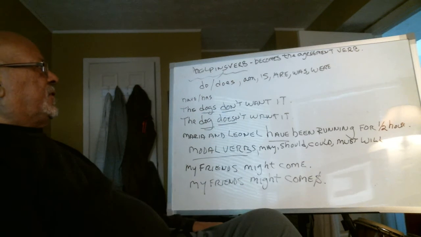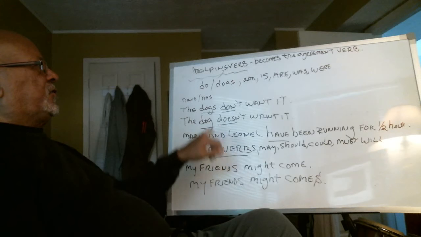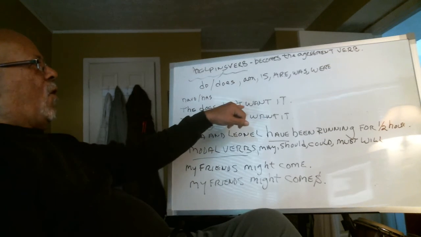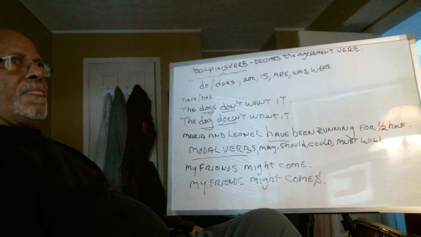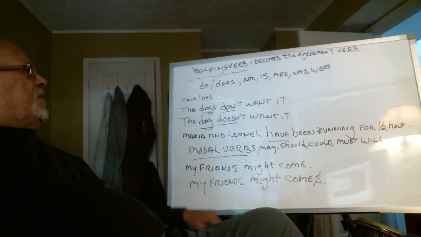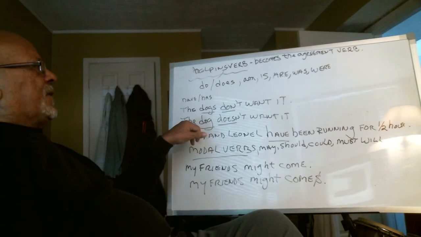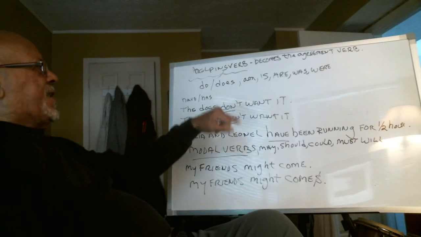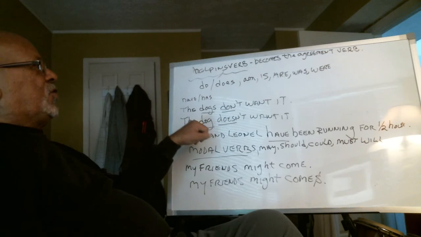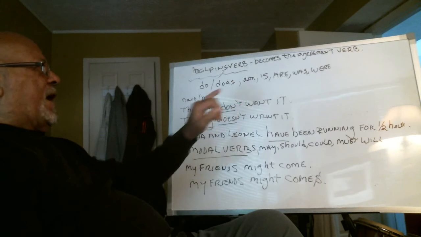First sentence. The dogs, plural, don't want it. Okay? Now, if the subject is singular, you wouldn't say the dog don't want it. You would say the dog, subject singular, noun, the dog doesn't want it.